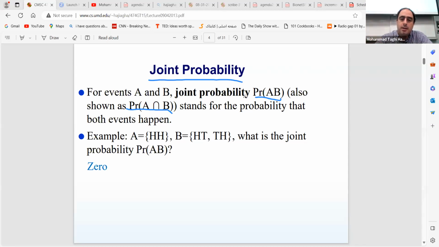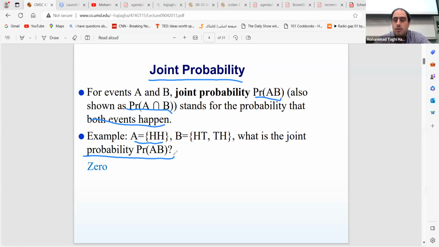So again, when we say the joint probability of AB, it means the probability that both of these events happen at the same time. Here is an example. Consider again A is HH, heads, and B is HT and TH. What is the joint probability of AB? As you can see, the probability would be 0.